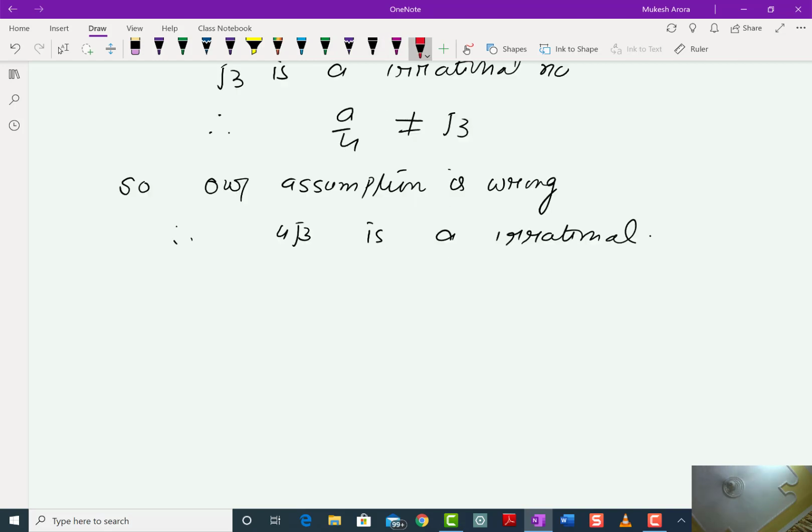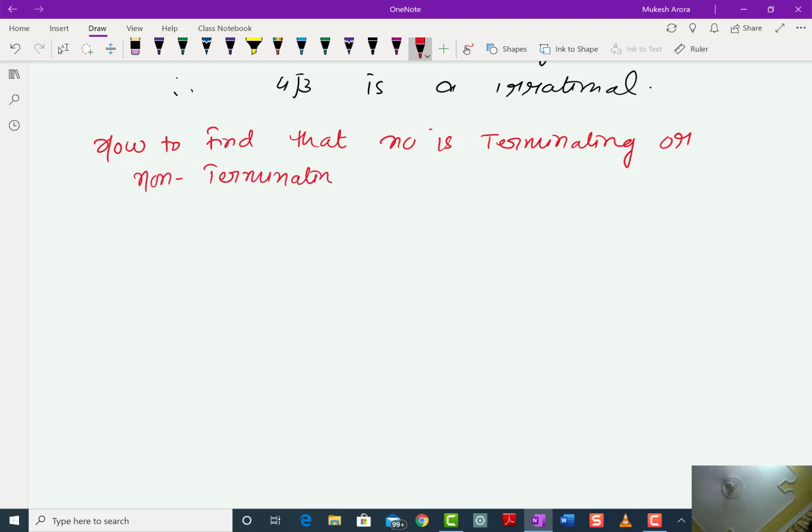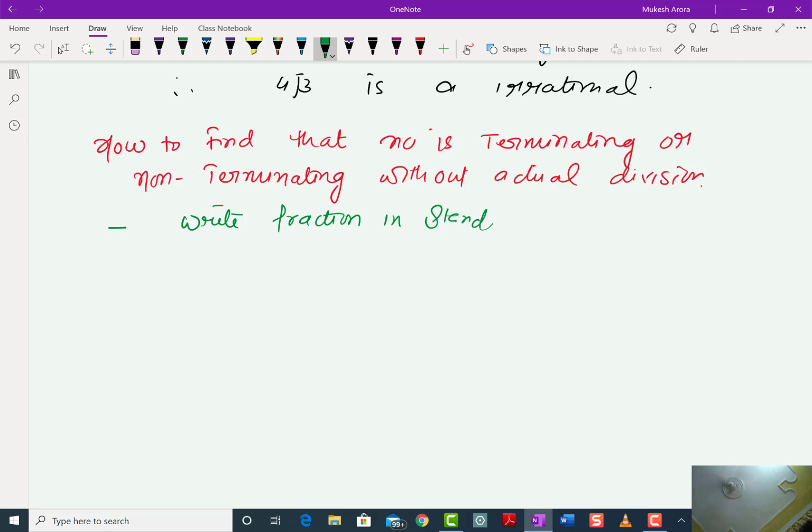So next, now how to find that a number is terminating or non-terminating without actual division. There are two rules. First, write the fraction in standard form.